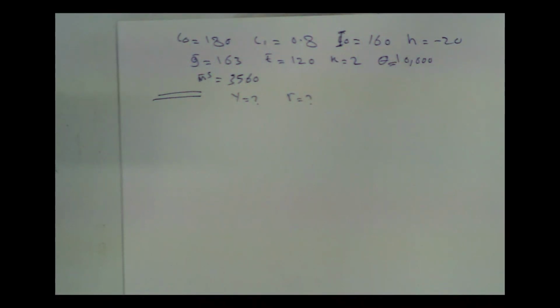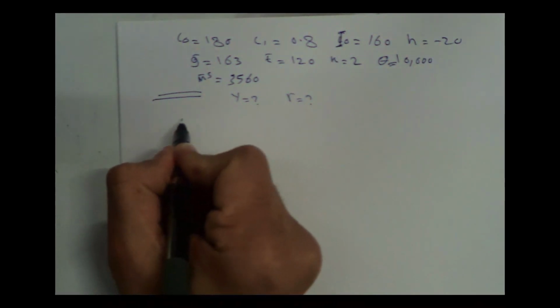Okay, so as I said, now you have information about both markets, the goods market and the money market. So you need to find an equation for the IS and the LM equation. We already know the equilibrium in the goods market happens when Y, the output level, equals aggregate demand.